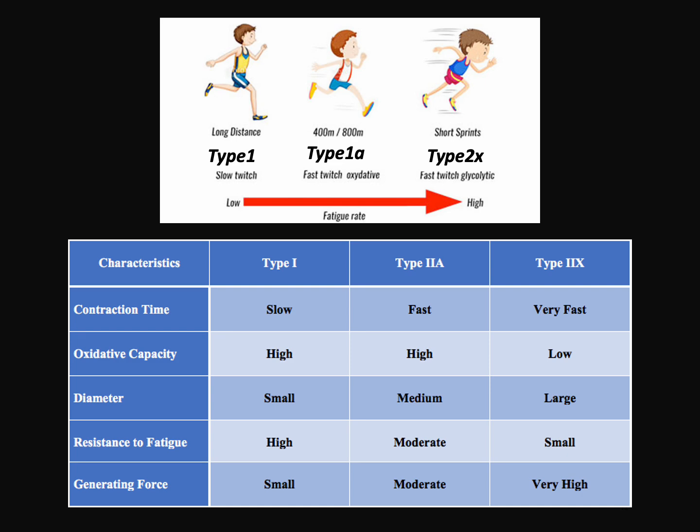Their neurons are not trained, they're not capable of recruiting that high order of fibers. So, in summary, the force output of a muscle can be varied through change in the frequency of activation of individual motor units or change in the number of activated motor units recruited.